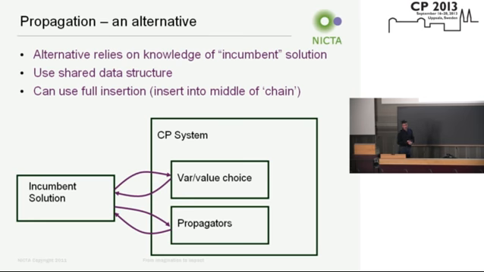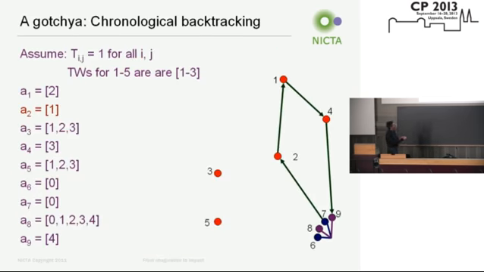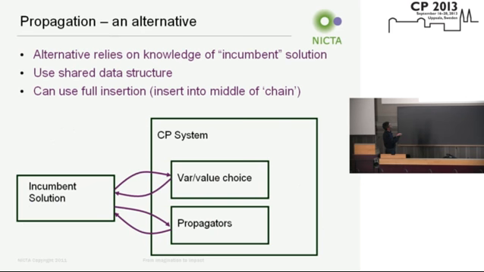In this scheme, I keep an idea of the incumbent solution. Just as I had this idea in my head of what solution I was building up, that is what lives in this box here. And within the CP system, I have propagators and variable value choice heuristics that have an idea of what this incumbent solution is.